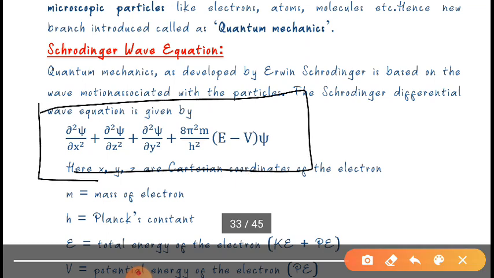So how is this equation written? You can see here, this sign is called psi.